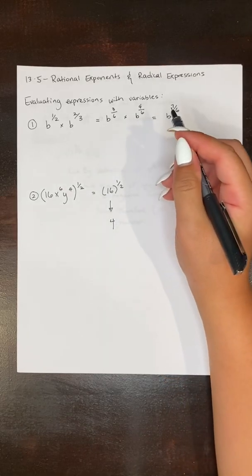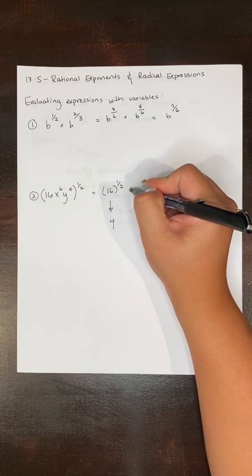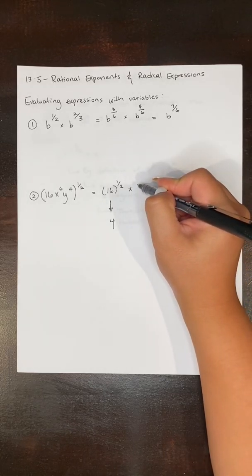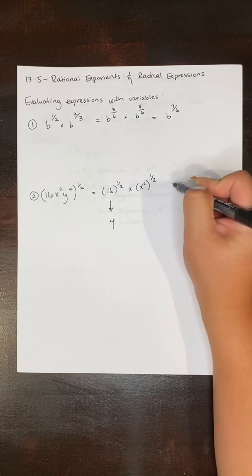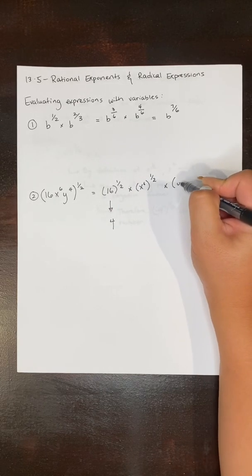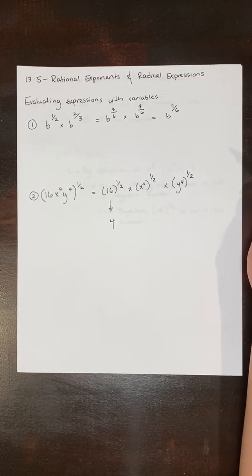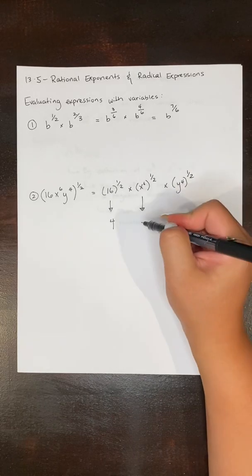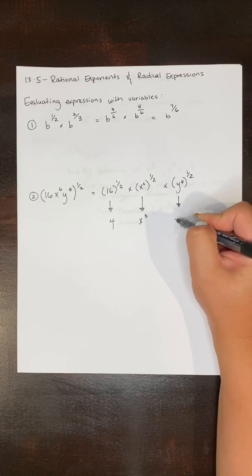Then we can apply the square root for the next two terms by using the product rule and multiply both exponents of both terms, leaving us with x cubed and y squared.